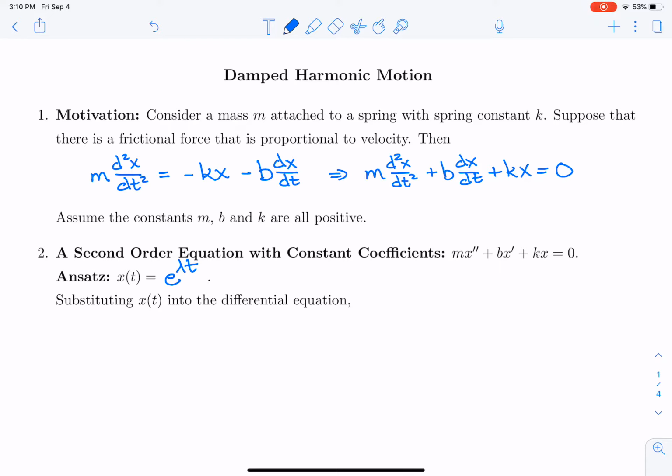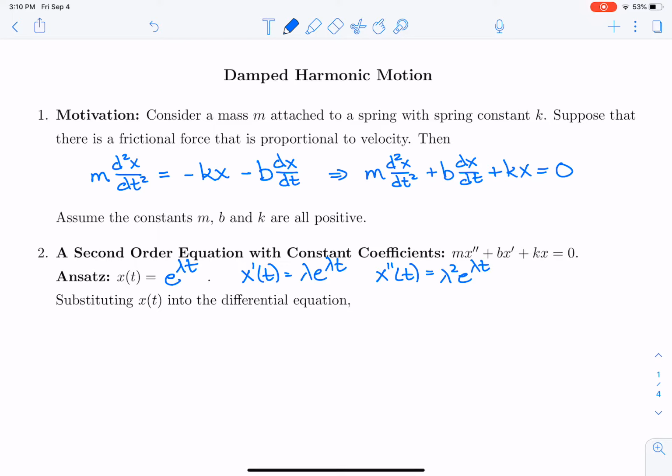So the derivative of x of t is x prime of t, or lambda e to the lambda t. And then the second derivative is x double prime of t, which is equal to lambda squared e to the lambda t.